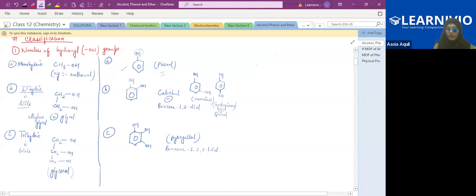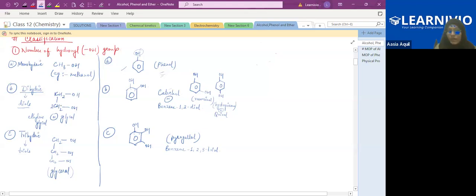Next one, dihydric. Dihydric means there are two hydroxyl groups attached to the alkyl group. Suppose we have a two-carbon chain, CH2, CH2. This is the first carbon, this is the second carbon, and an OH group is attached to the first carbon as well as the second carbon.